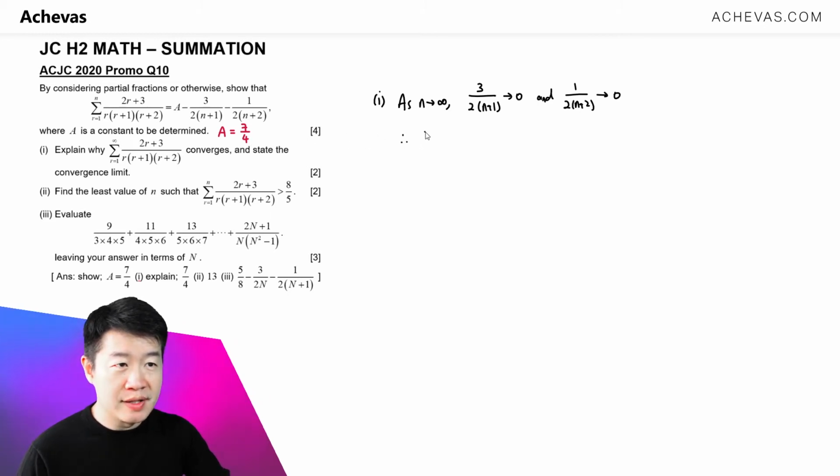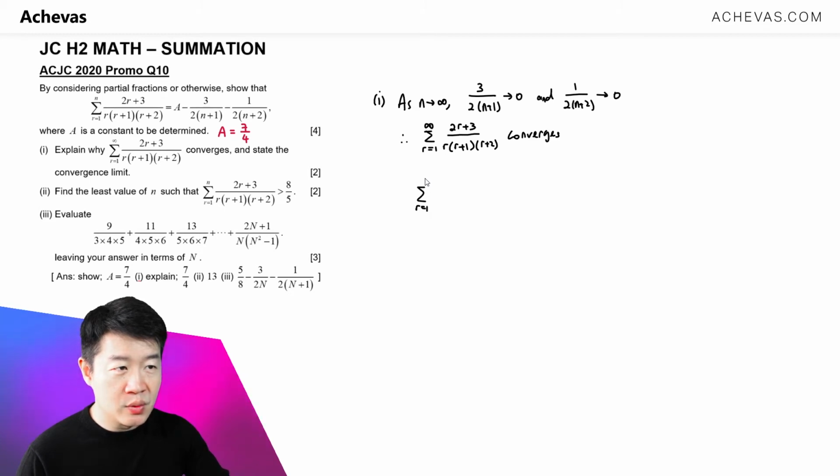Therefore, we can say that the summation from r is equal to 1 all the way until infinity of 2r plus 3 over r plus 1, r plus 2 converges. And what will it converge to? So let me rewrite it again.